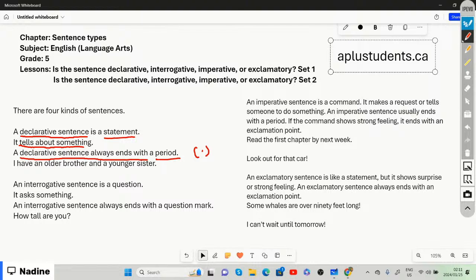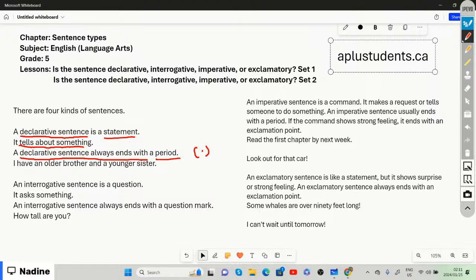If we look at an example of a declarative sentence, it says, I have an older brother and a younger sibling. Remember, we said that it is a statement and it just tells somebody something.